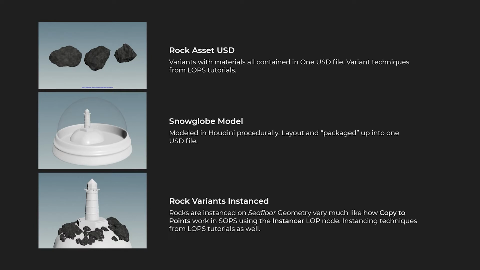Within the main Houdini file, as I mentioned before, I brought in the rocks as well and instanced them on the seafloor geometry, which is that dome looking thing at the bottom of the lighthouse. The nice thing about the instancer LOP, which is what I used to instance these rocks onto the seafloor geometry, is that it works pretty much like Copy to Points in SOPs.